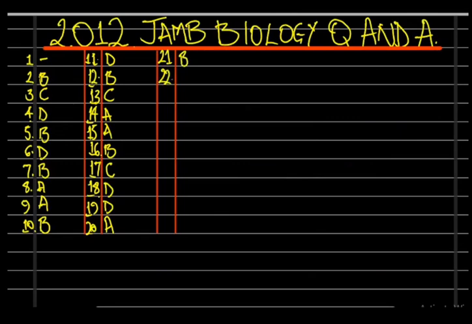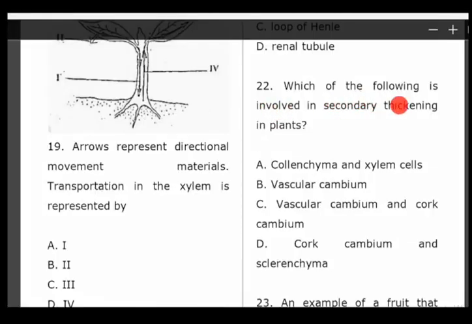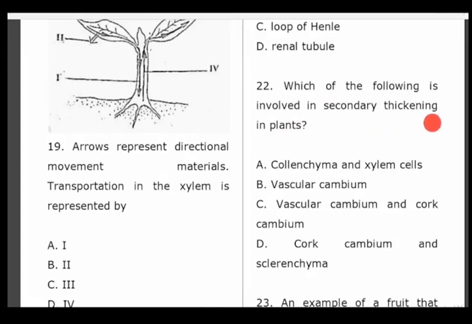So question 22 now says, which of the following is involved in secondary thickening in plants? Now this is more like a question that we answered some minutes ago. The answer to that particular question is option C. It is not option A or B, nor is it D. It is option C, because in secondary thickening we said we have two types.